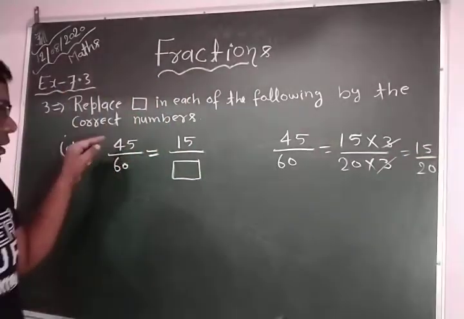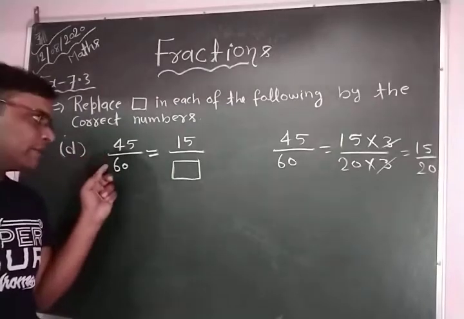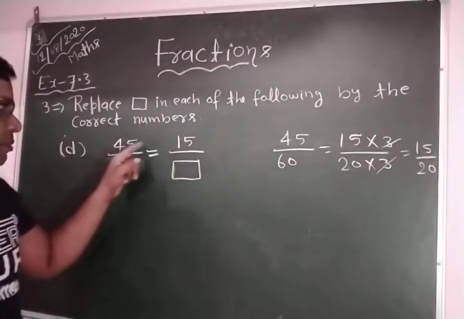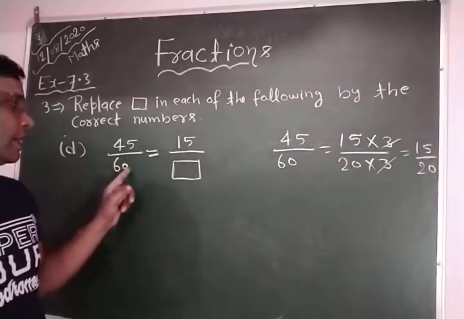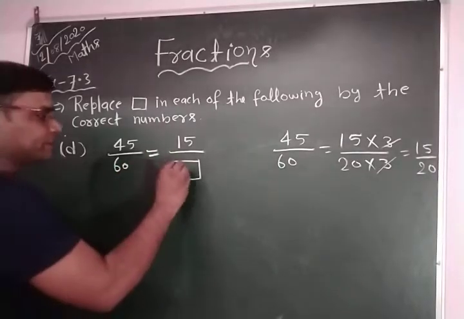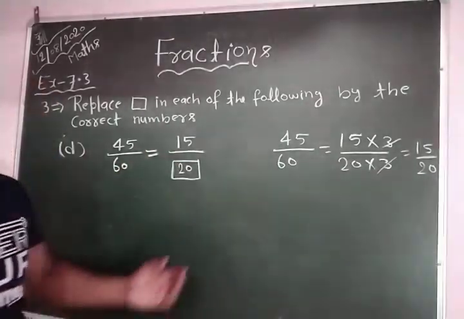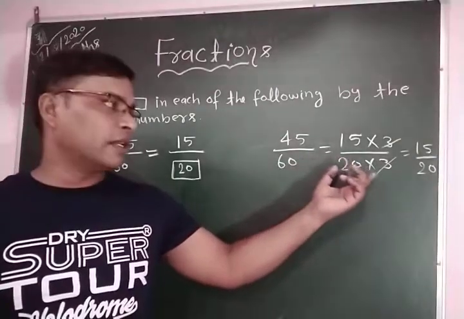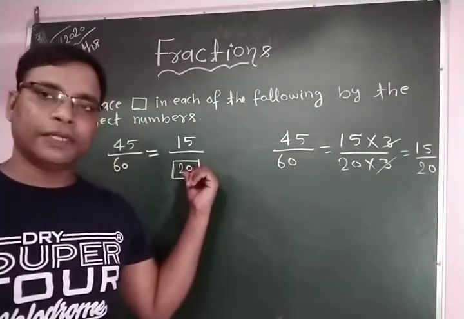If you divide both numerator and denominator by 3, then you get 15 and 20. Clear? In this method also you can find the result.